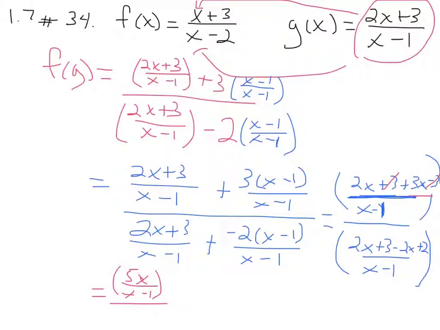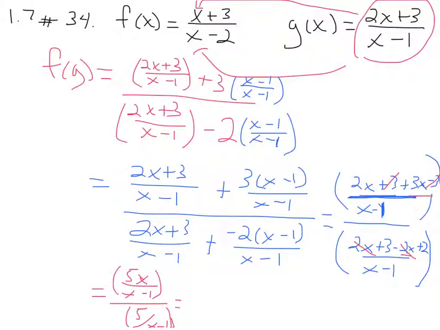On the bottom, we're going to get a plus 2x and a minus 2x, so the addition and the subtraction are going to cancel. And we're going to get a plus 3 and a plus 2, leaving a 5, and that's still divided by an x minus 1 on the bottom of the bottom.